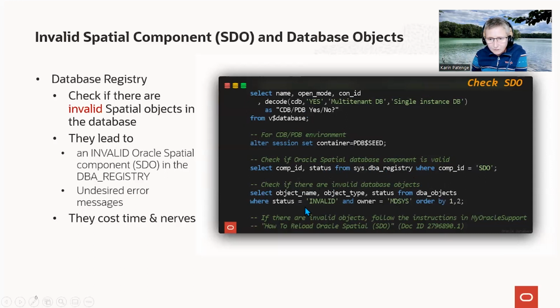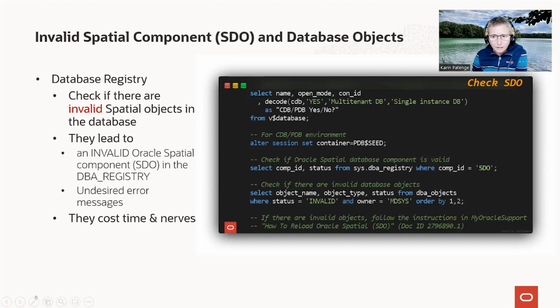And there is another statement to check whether there are invalid spatial objects in the database. Since you should be familiar with the fact that the owner of all spatial data objects is called MDSYS, MD for multidimensional, you need to check the status of all the objects belonging to that database owner.